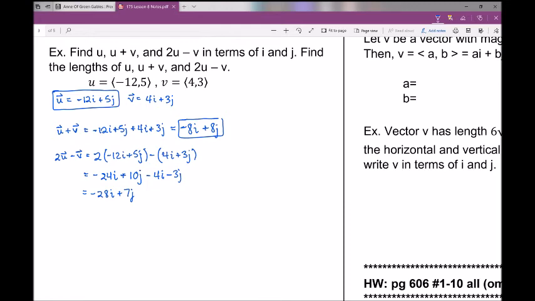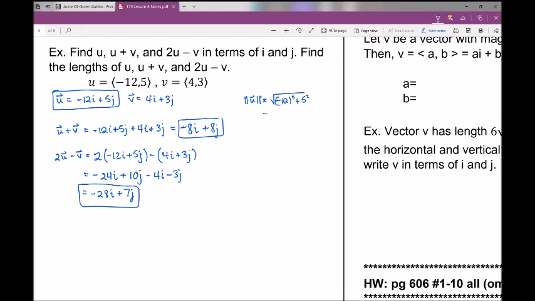Okay, so those are our 3 vectors. Now the next thing we want to do is find each of these vectors' lengths. So the length of u is going to be the square root of -12 squared plus 5 squared.